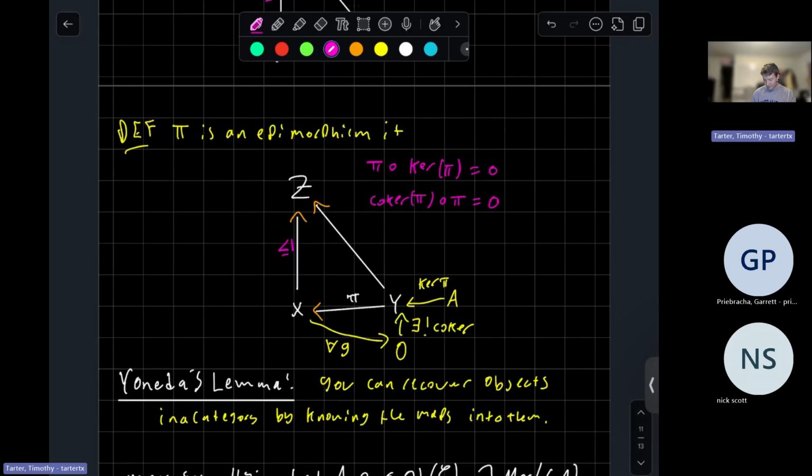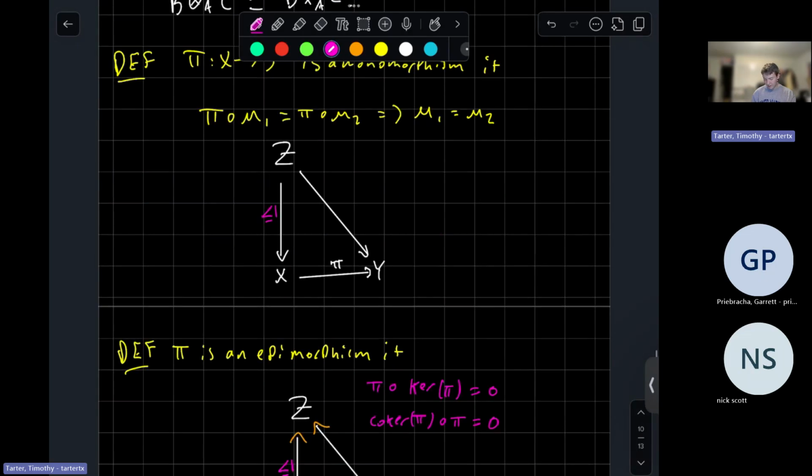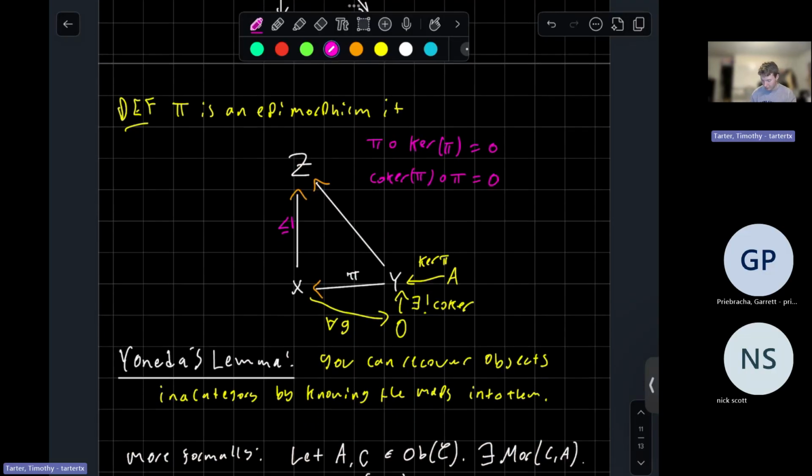Okay. And so this thing is an epimorphism if pi is coker of ker of pi.